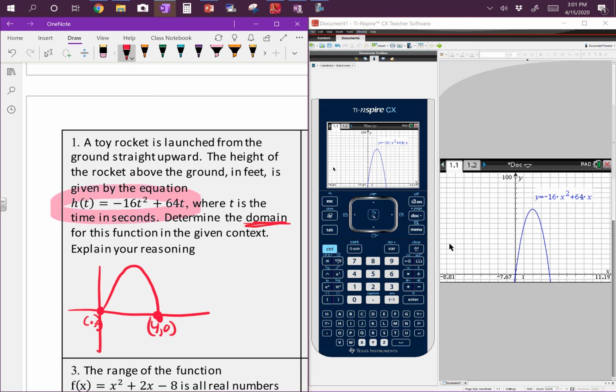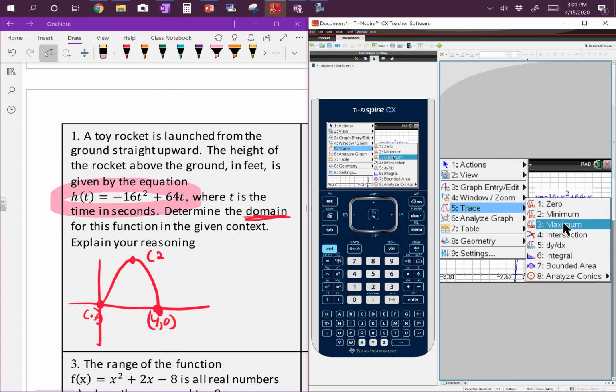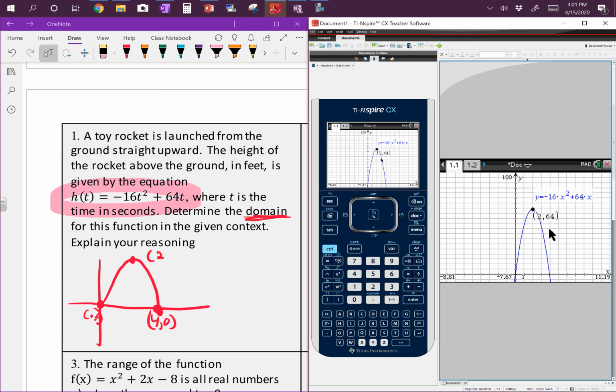And it goes all the way up to like 60 something. That's what, 2nd, menu, analyze graph, maximum, check maximum, 264. Okay.